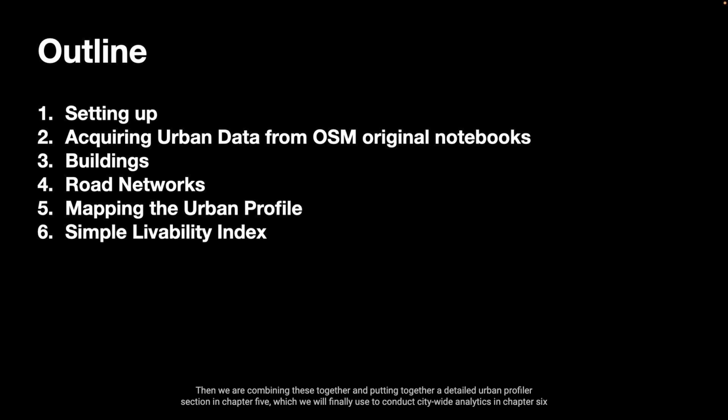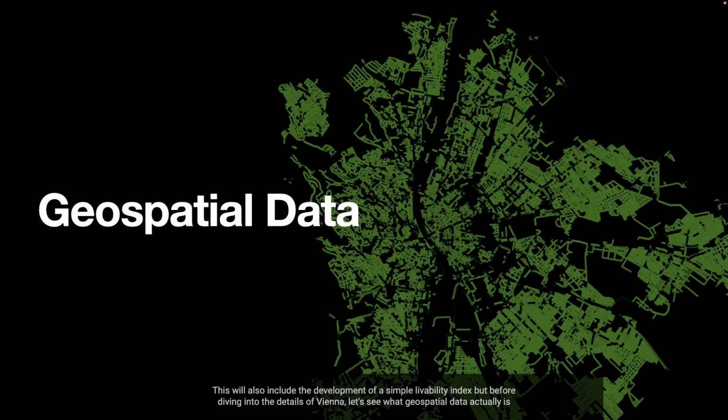Then, we are combining these together and putting together a detailed urban profiler section in Chapter 5, which we will finally use to conduct citywide analytics in Chapter 6. This will also include the development of a simple livability index, but before diving into the details of Vienna, let's see what geospatial data actually is.